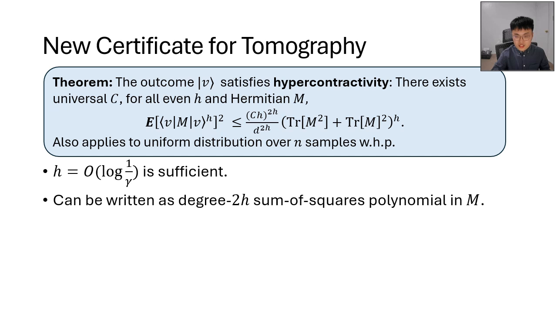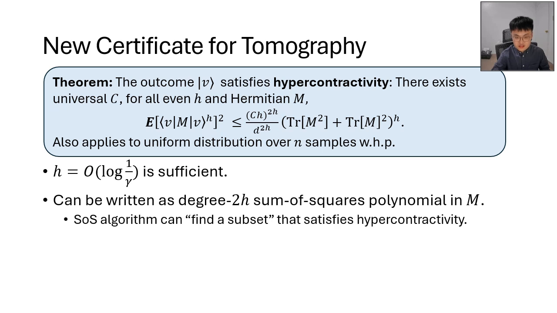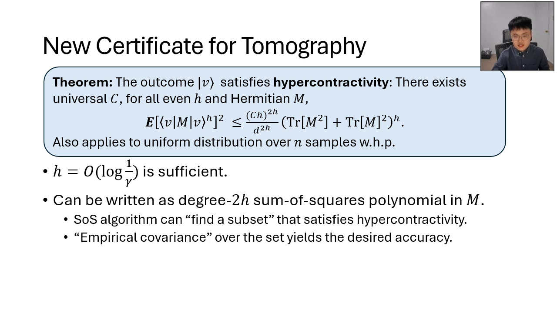And to make the algorithm more efficient than just brute force search, we can actually use the sum of squares technique, which essentially helps us to approximately find the subset that satisfies the hypercontractivity condition, and which in turn gives us a desired estimate with good accuracy. So the number of samples that we need is pseudo-polynomial, which is d to the power of log 1 over gamma.